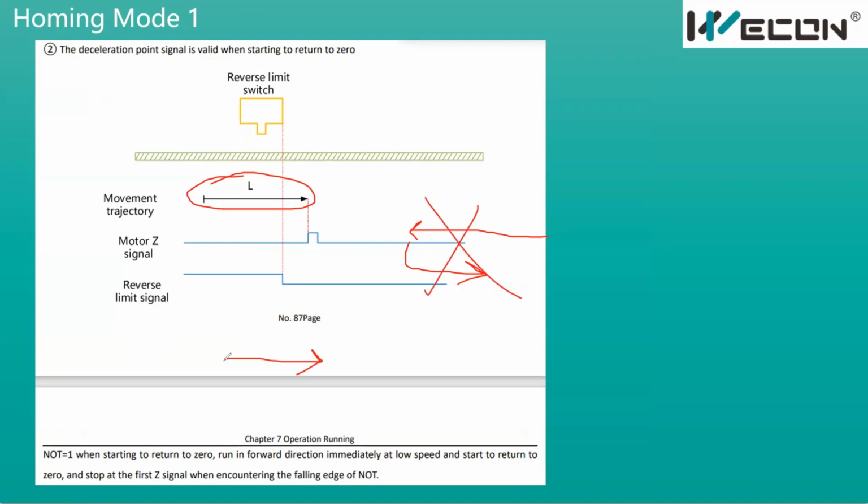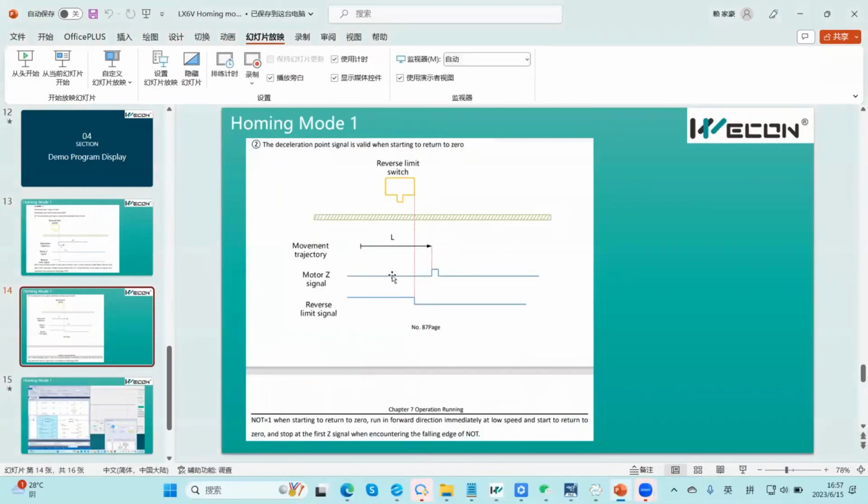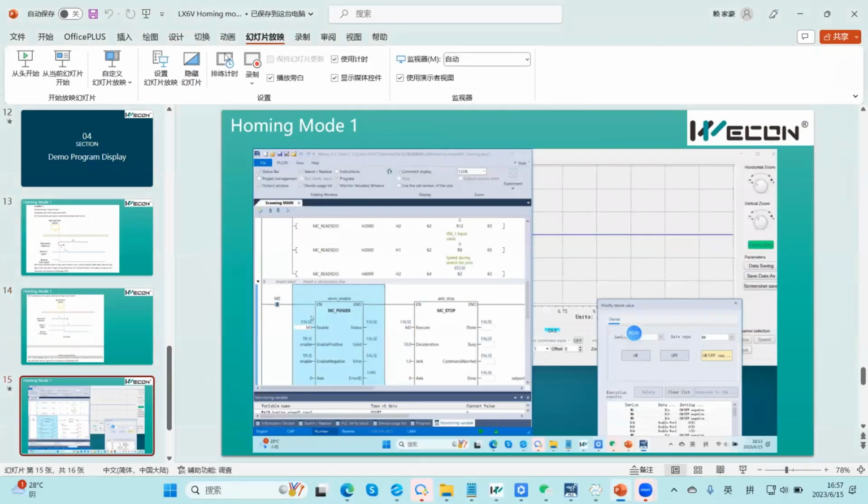It will run with the low speed directly, and when the status of this changes to 0, the motor will stop after the first Z signal of the motor. Let's check it with the program.